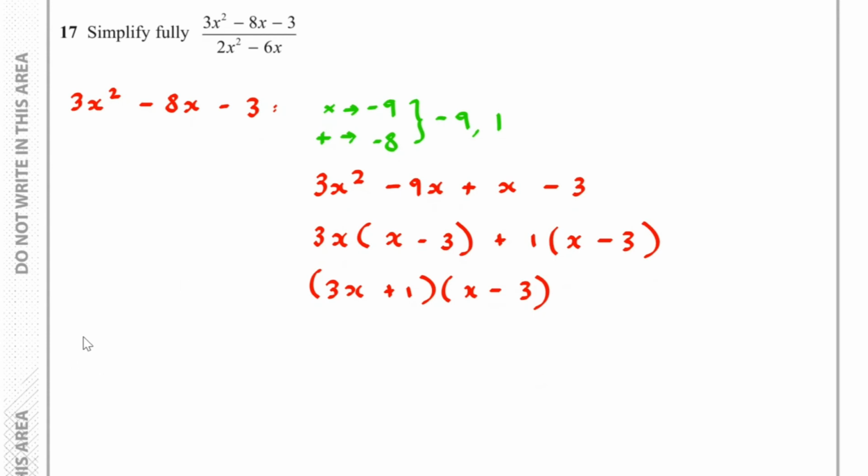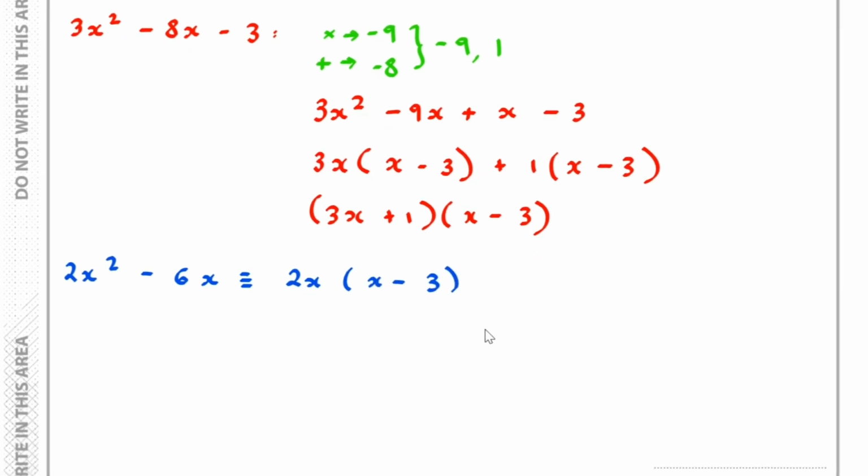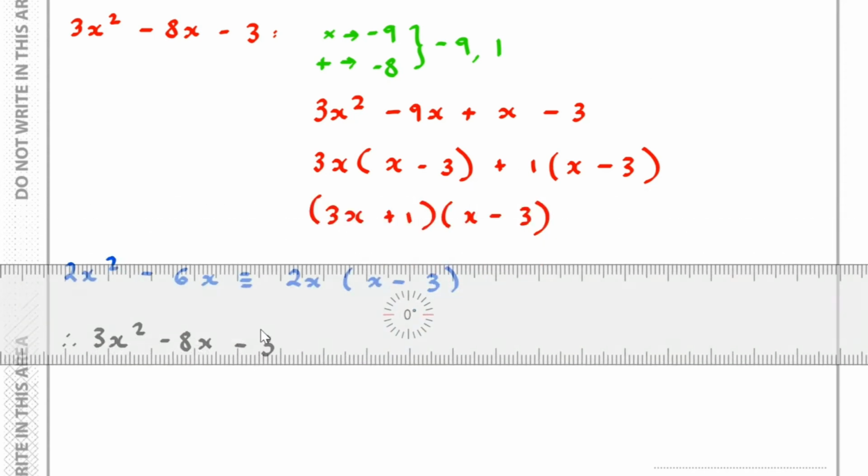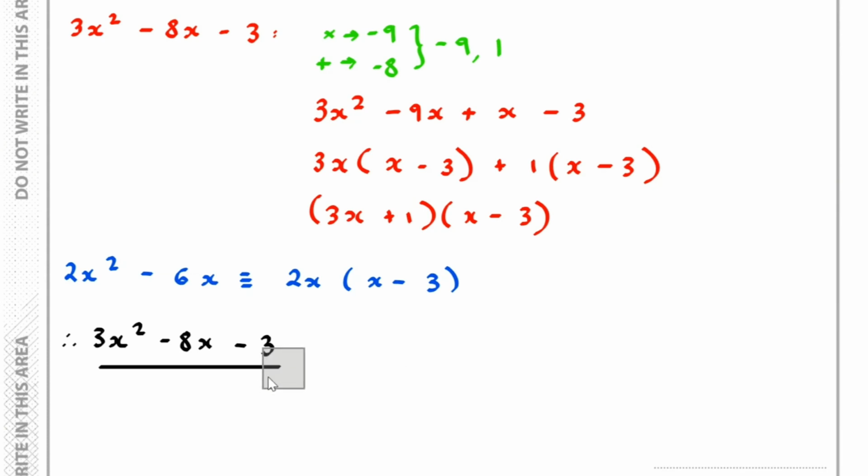And the 2x squared minus 6x, we can factorize out the 2x, and inside the bracket we would have x minus 3. And so we can therefore simplify the required result. We have 3x squared minus 8x minus 3 divided by 2x squared minus 6x.